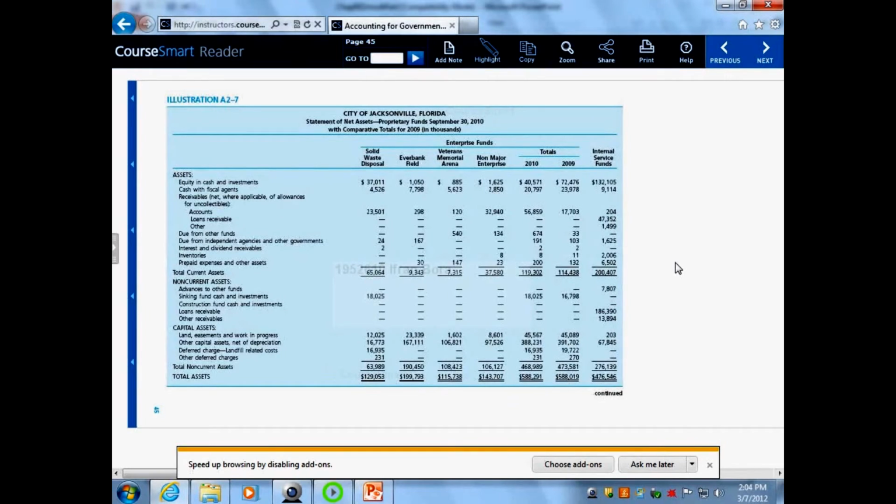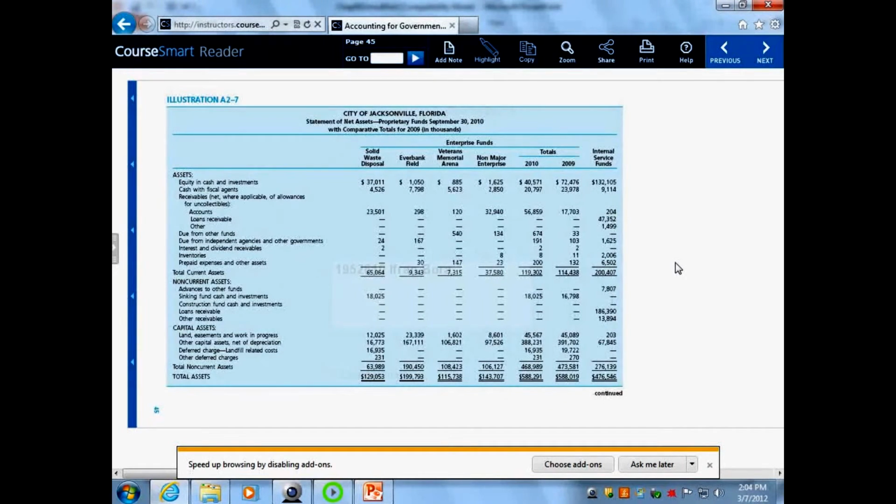I'll go through that as we go through this. Solid waste disposal, apparently they probably run a landfill. And there is a field here, arena that they probably rent, and non-major enterprise funds. Notice they also use a funds concept of dealing with it.